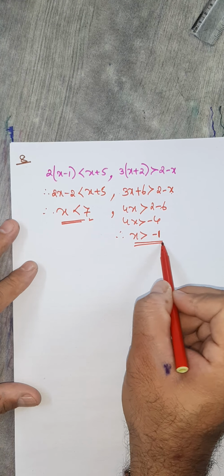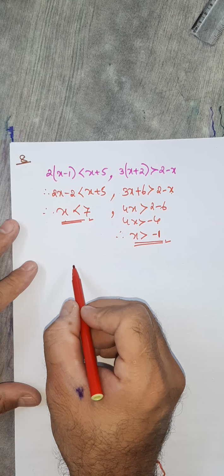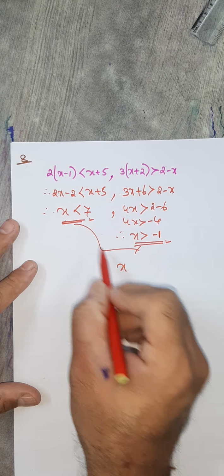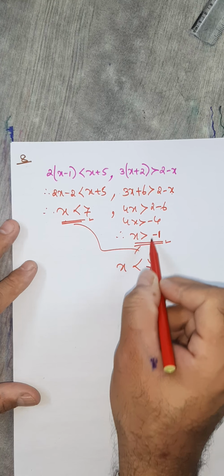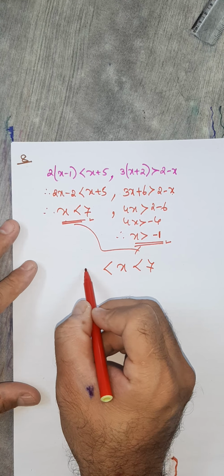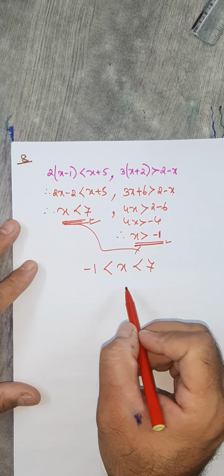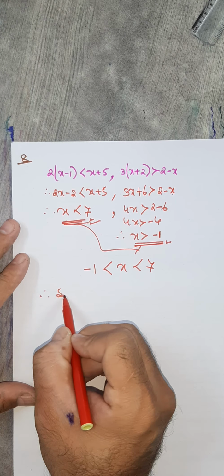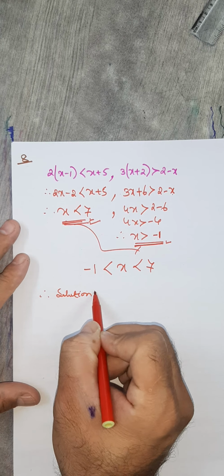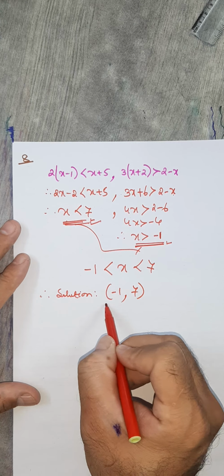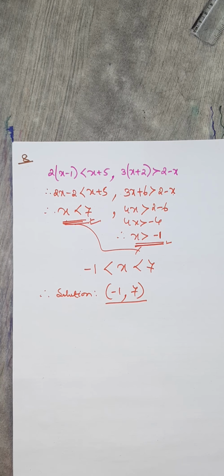Now if you combine these two, this says that x is less than 7, and this says that x is more than minus 1. Just combining this and this. And means you combine both. So what's the solution here? Open interval minus 1 to open interval 7. Every number from minus 1 to 7 will satisfy this inequality.